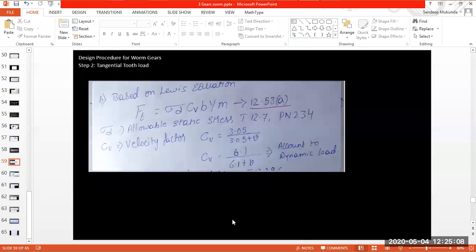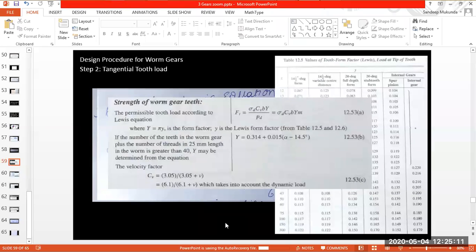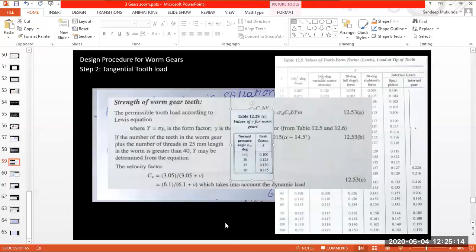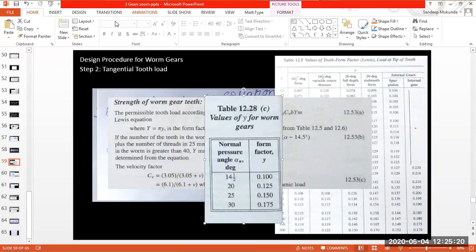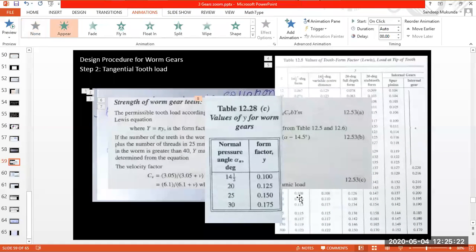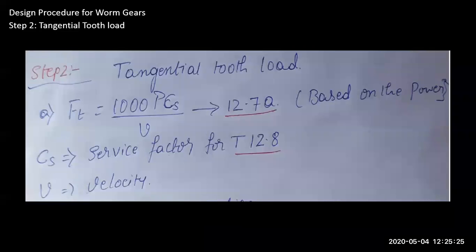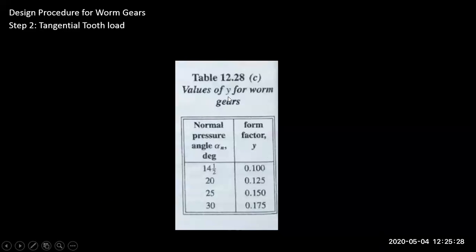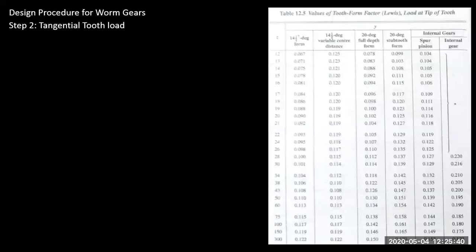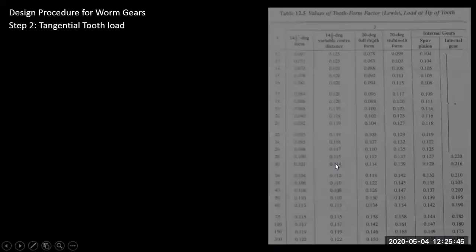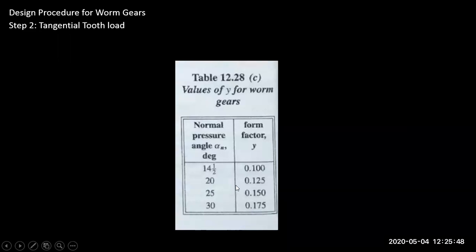We can do that now. Okay, so this one here. So 12.28c. We need to refer for the value of y only in case of worm gear. We need to refer to this table. So the number of teeth were known, and if they were exact, then we could take from this table. But since it is not given for worm gear, let's assume this table.